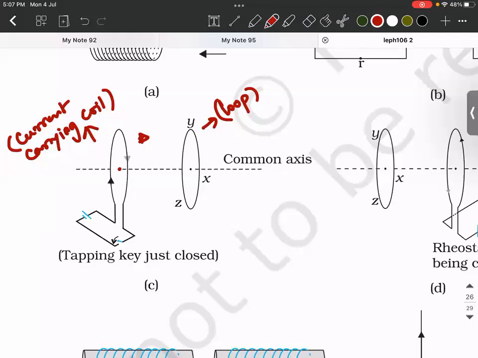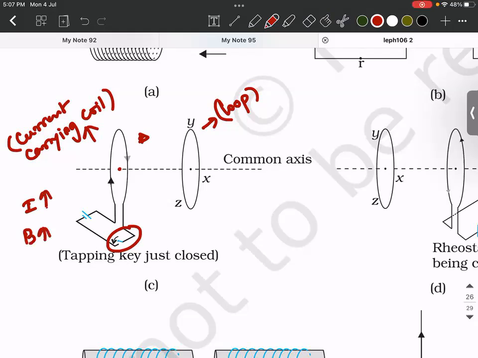That's right. So when you see it, the current is revolving in the clockwise direction. When you close the key, is the I value increasing or decreasing? It is increasing.